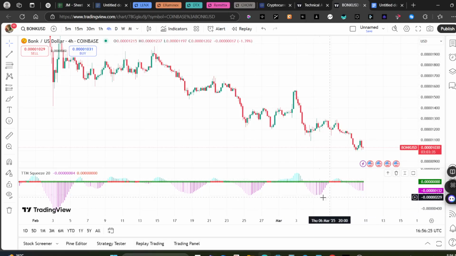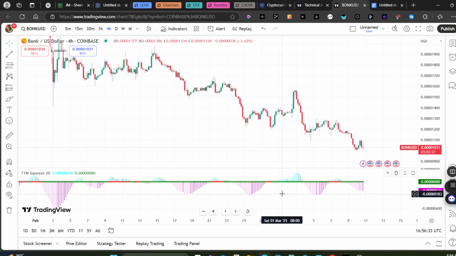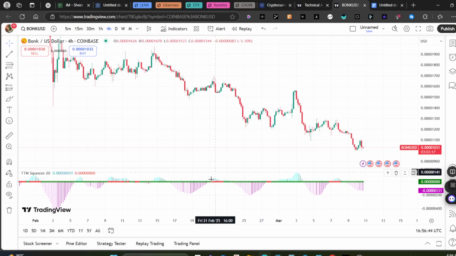Now, the TTM Squeeze Indicator is designed to help traders spot breakout moments before they happen. It is based on the idea that after periods of low volatility, a major price move is likely to follow. So here's how it works.